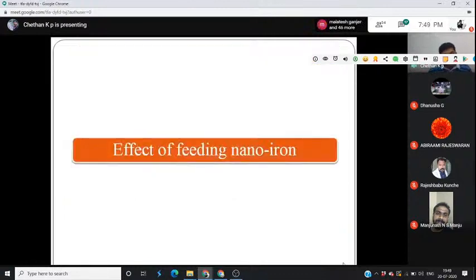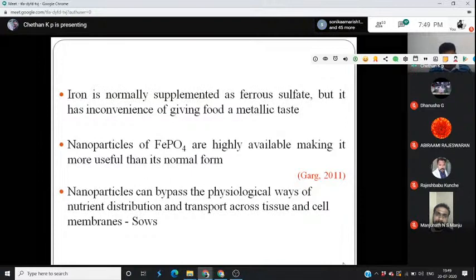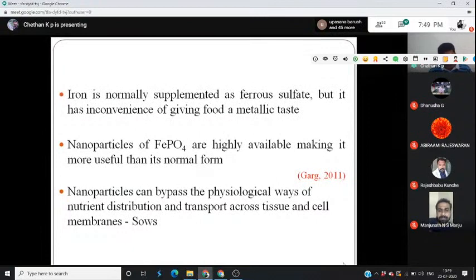Coming to the effect of feeding nano iron, you all know iron is very important, especially in the case of piglets. Iron is normally supplemented as ferrous sulfate, but it has the inconvenience of giving food a metallic taste. If you paste or smear ferrous sulfate on the udder of the mother, piglets may not like to eat it.